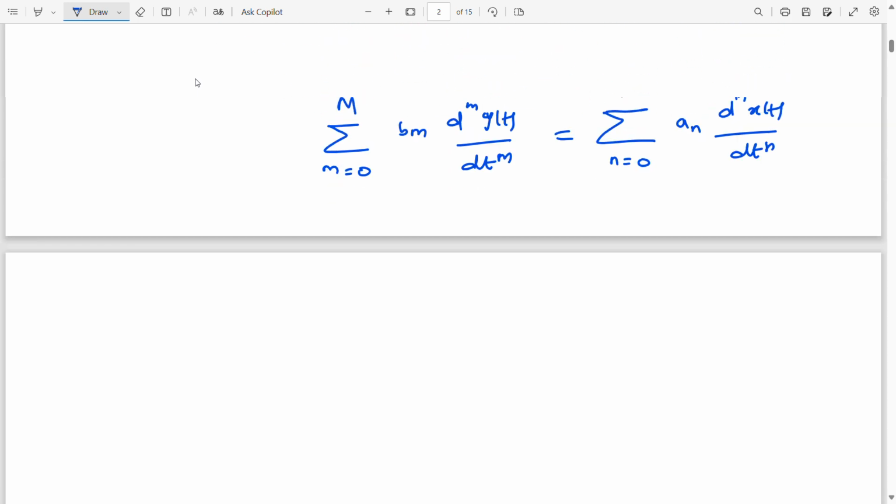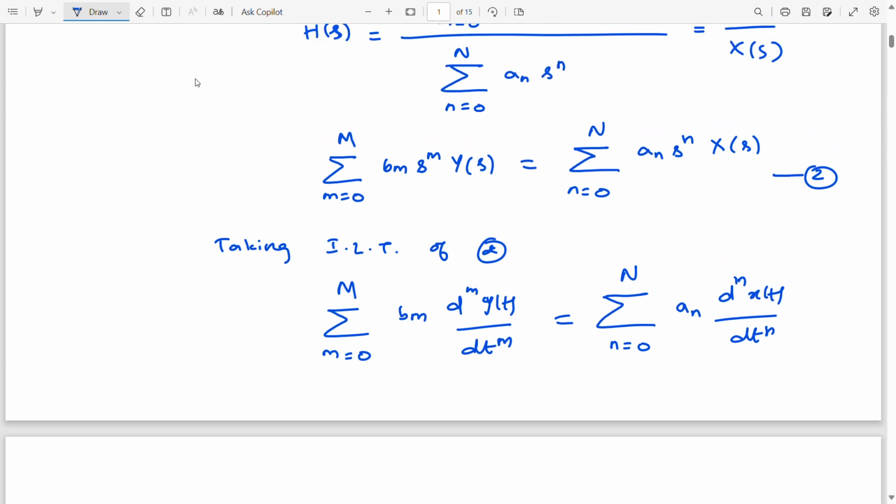So let us consider this equation as number 3, and 3 is called as the differential equation governing the LTI system.